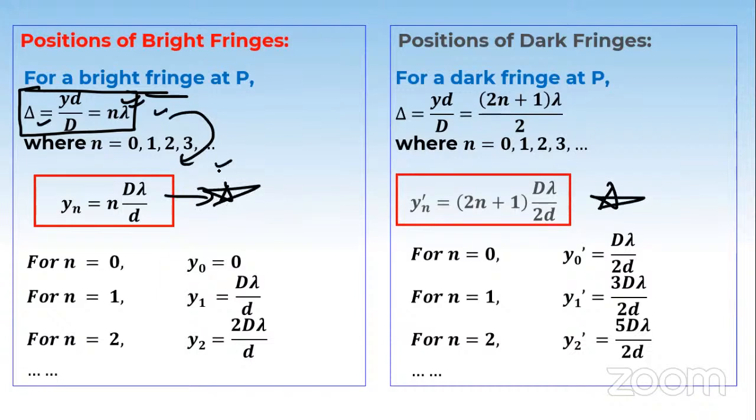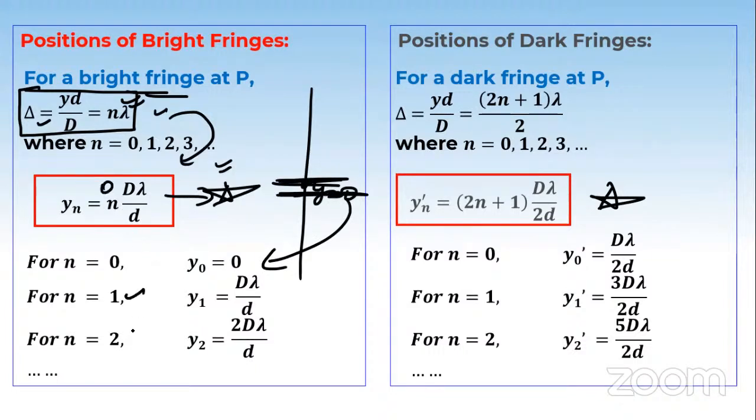This is the formula for the position on the screen. Starting from y equals 0, which is the condition for the central maximum, the bright spot, as we progress from n equals 0 to n equals 1 and 2, with increasing y we get different values: 0, D lambda by d, 2 D lambda by d, 3 D lambda by d.